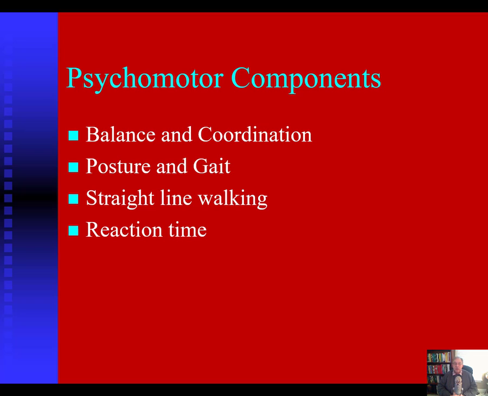There are also psychomotor components. First of all, balance is very important. When people start walking in a neighborhood and they're using a cane, they have to be somewhat sure-footed.